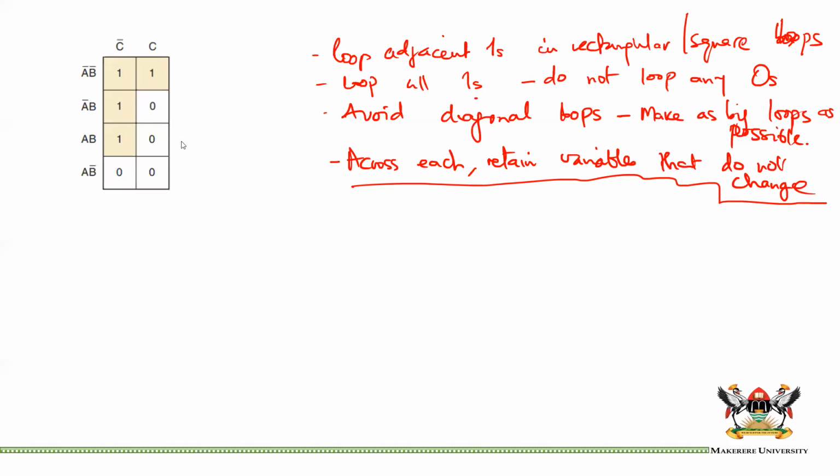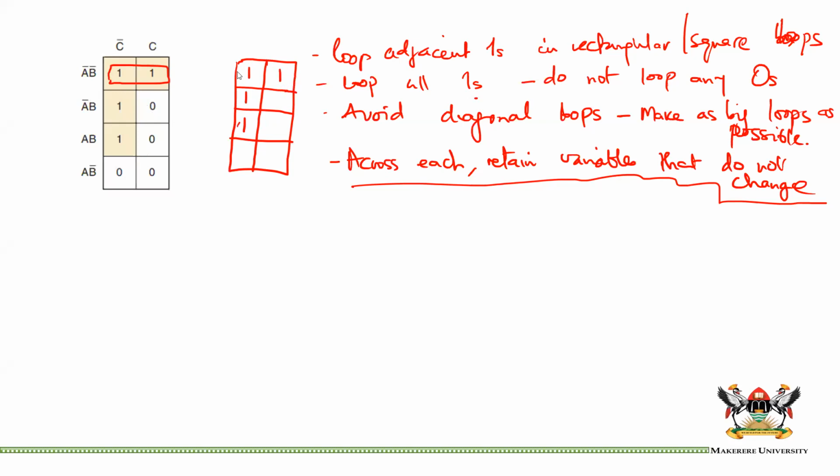So you can start anywhere looping. Now we clearly see that these two are adjacent to each other in a rectangular form, and we cannot make a bigger loop. Let me illustrate. Assume we had a 1, a 1, a 1, and a 1, and this is a 0.